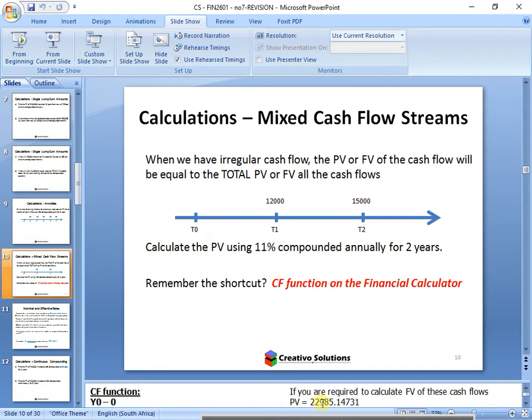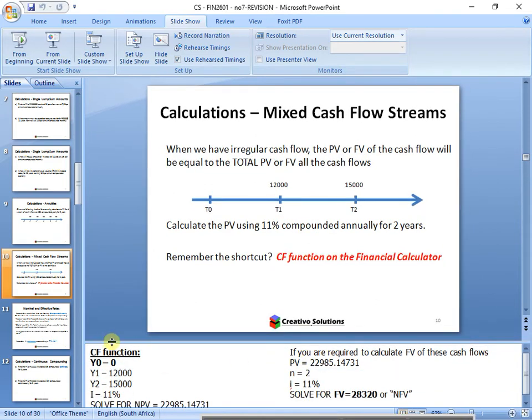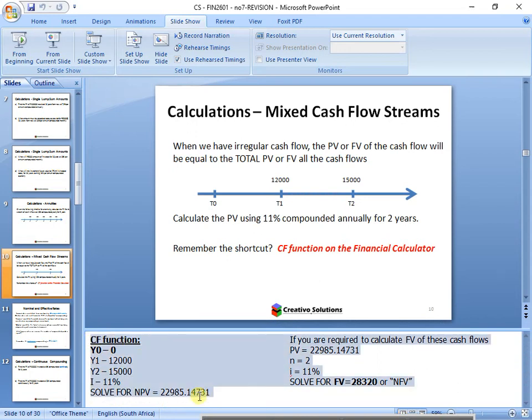Yes, I got that. Did you get that? What went wrong? Did you put that on your calculator? Y0, Y1, Y2, I, solve. Did you?